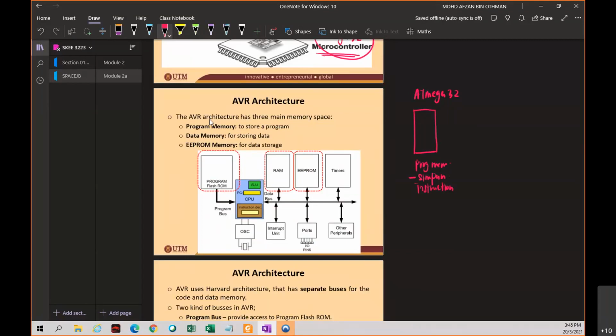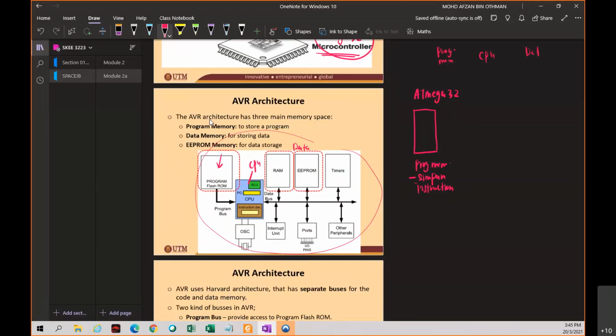By looking at this figure here, this is your CPU, this is your program memory, and this is your data memory. By looking at this, what type of architecture is used? Who can tell me? You have the CPU, then the program memory, and the data memory on this side.